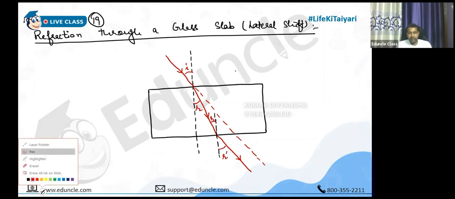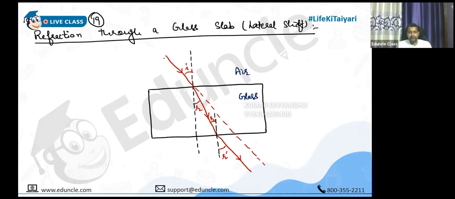Now suppose this medium is here, and obviously this is glass. Let's call this A, B, C, and this is the perpendicular N over here. What else do we require? Yes, the refractive index of this and the thickness of this. T is the thickness, and let's call this D, and this D dash, and you can call it E, obviously. So this is the proper labeled diagram.